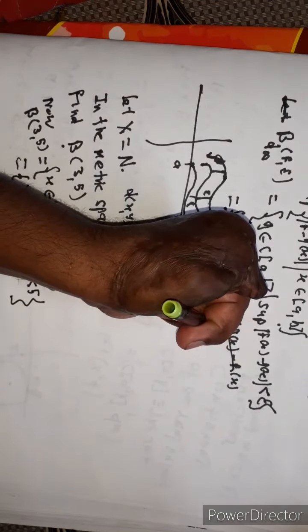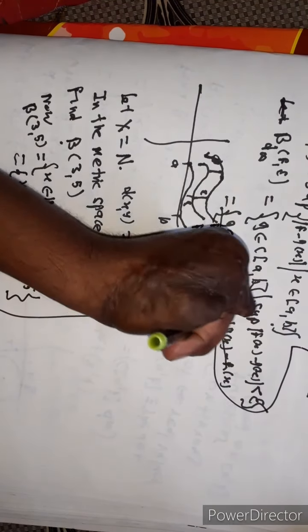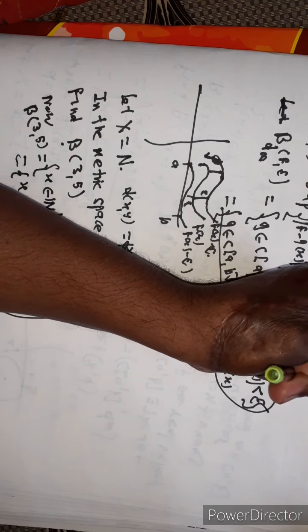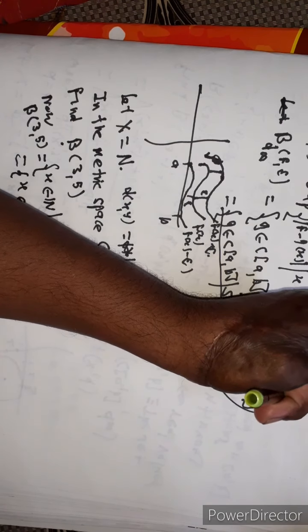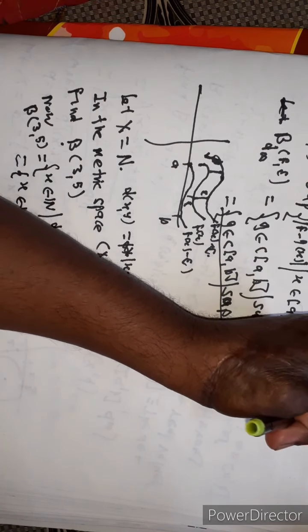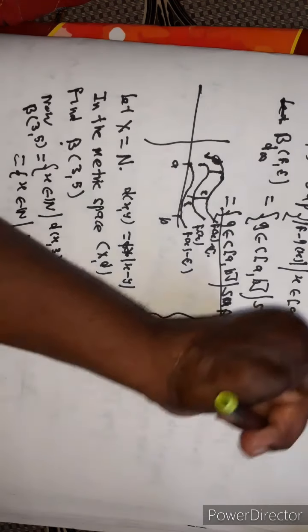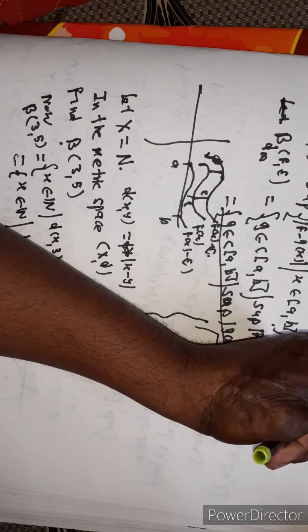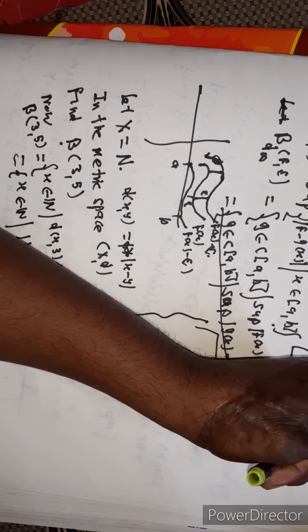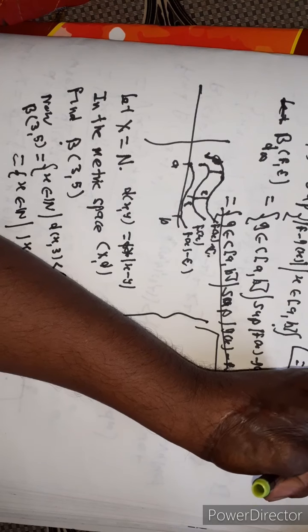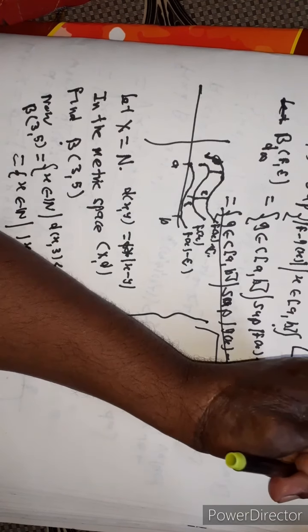Therefore, this is equal to the set of x belonging to N such that minus 5 is less than x minus 3 is less than 5.